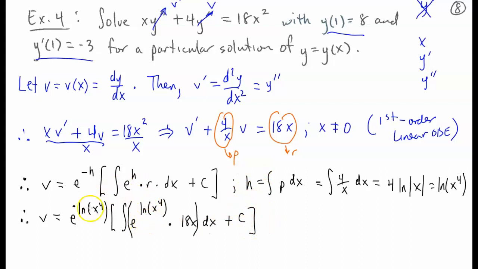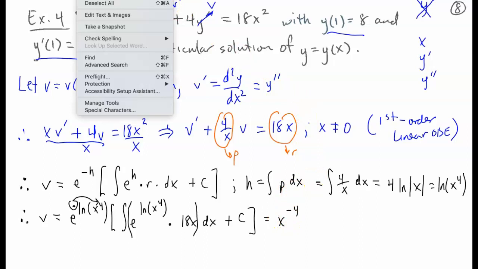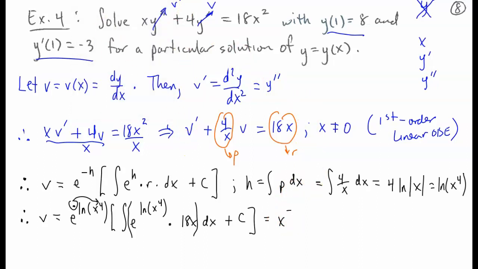Okay, and so for here, this e raised to the negative natural log of x to the 4th, of course, this negative here could go in the exponent, and e raised to the natural log of whatever is whatever. So on the outside here, we just have x raised to the negative 4.